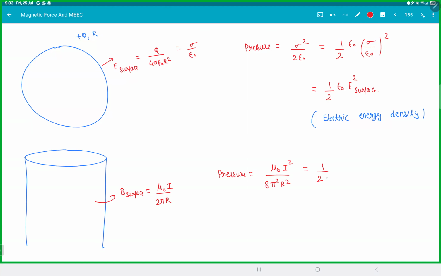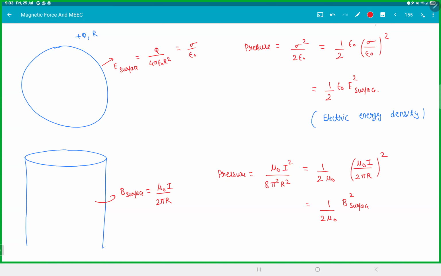So this will be 1 by mu naught, this will become mu naught I by 2 pi r whole square. That will become 1 by 2 mu naught B surface square.